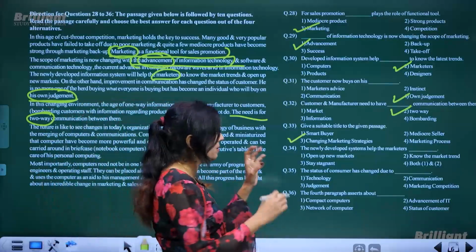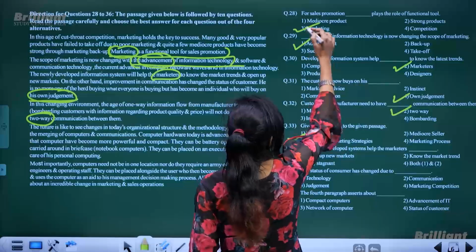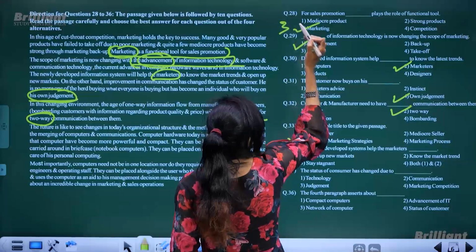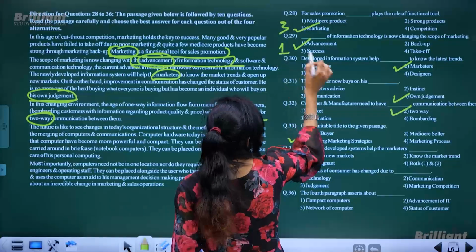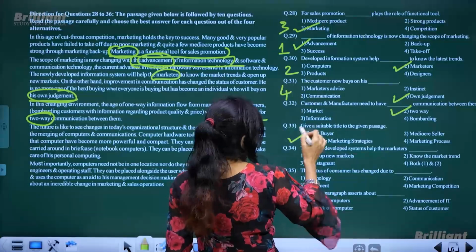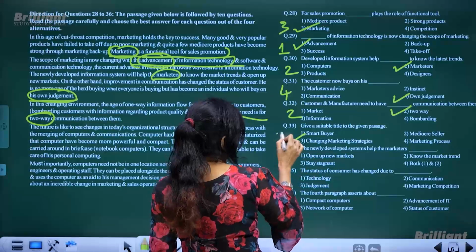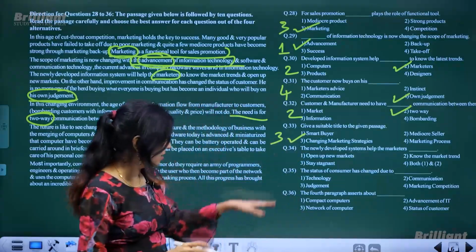So, in that sense, it's option number 3. Okay. So, here option number 3, option number 1, option number 2, option number 4, option number 2, and here option number 3. Okay. The next 3 questions.